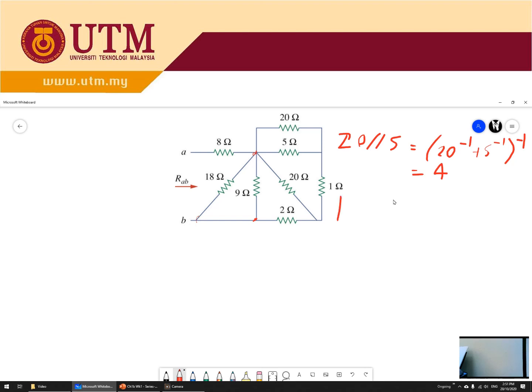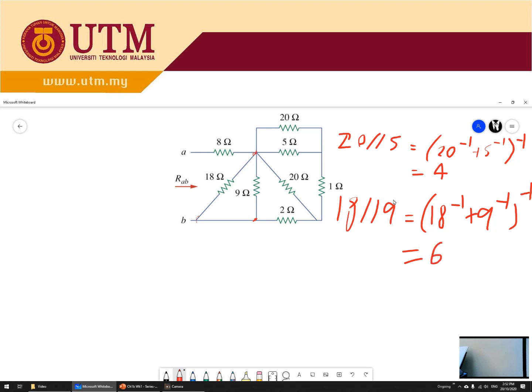So now you can see that 18 parallel with 9. So 18 reciprocal plus 9 reciprocal, and reciprocal everything. So you get 6.